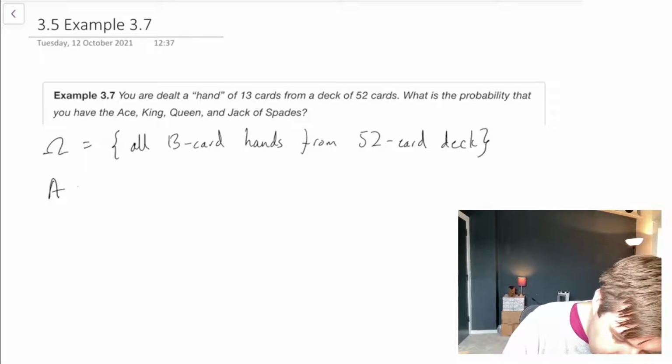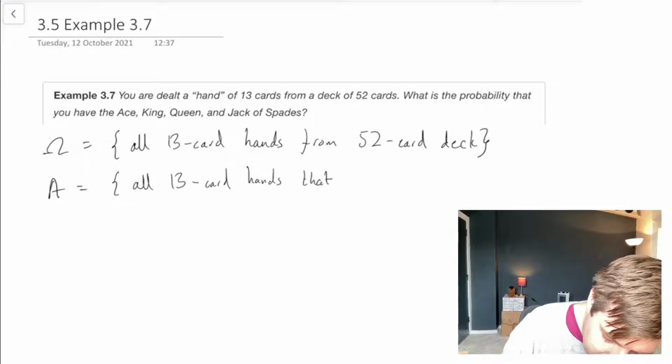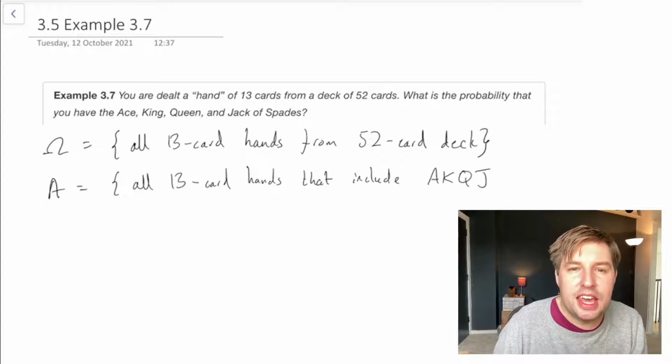And A, the event we're interested in, is all 13 card hands that include the ace, king, queen, jack of spades. I'll abbreviate that as AKQJ.